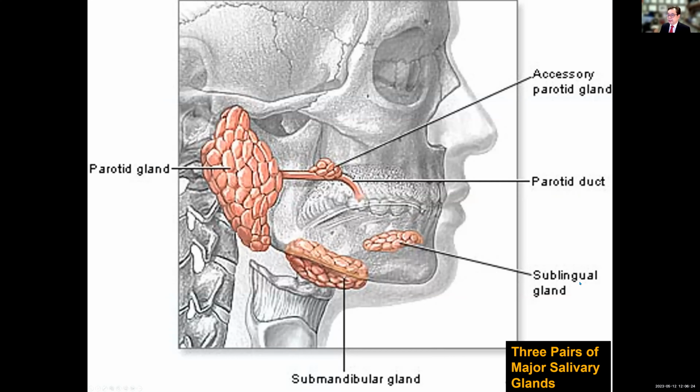So in head and neck pathology, there are two major parts. One is salivary gland tumors. We have major salivary glands, and we have minor salivary glands. That makes things a little complicated because each has its own features and its own frequency of different malignancies.